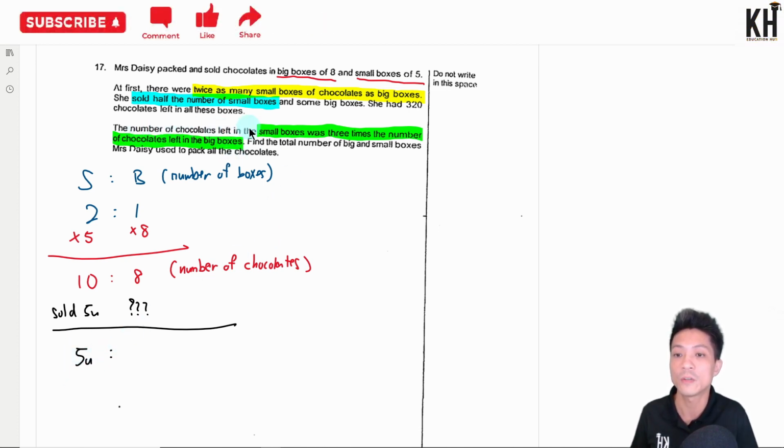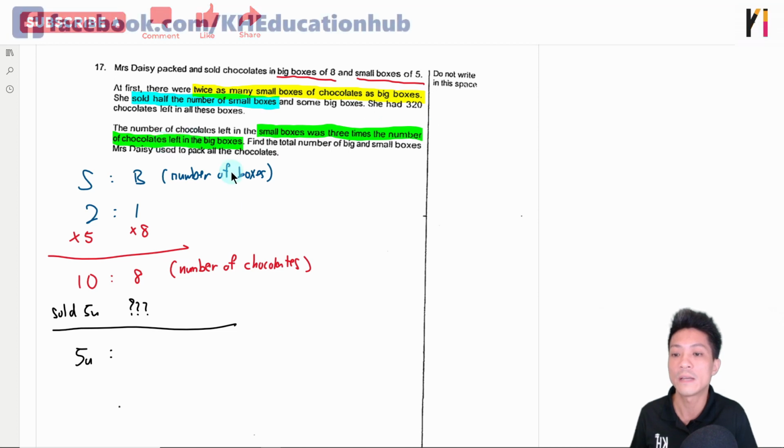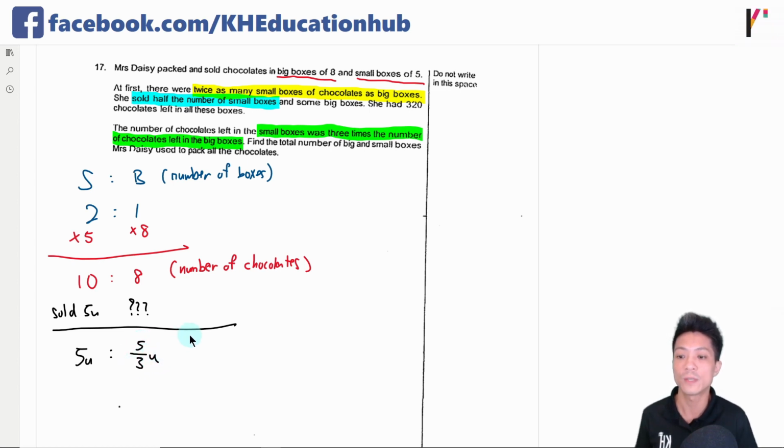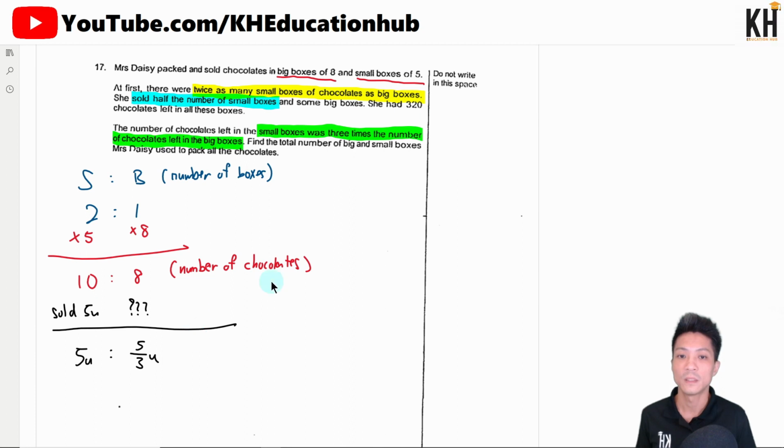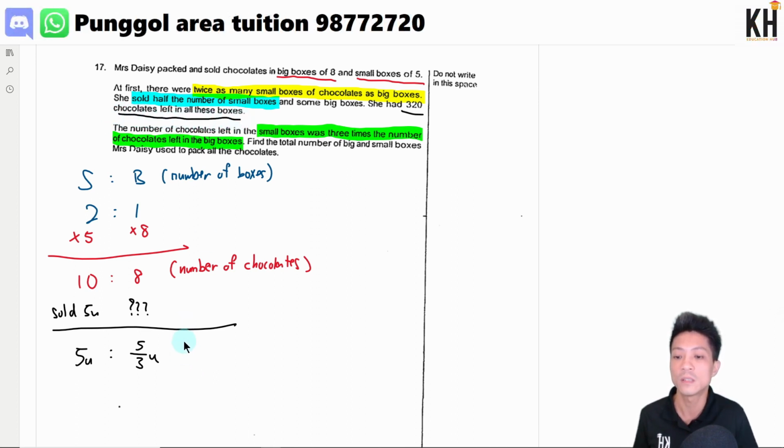The number of chocolates left in the small boxes, which is the 5 units, was 3 times the number of chocolates left in the big boxes. That means the number of chocolates left over here will be 5/3 units. And it says that she had 320 chocolates left in all the boxes, so this is going to be equal to 320 chocolates.